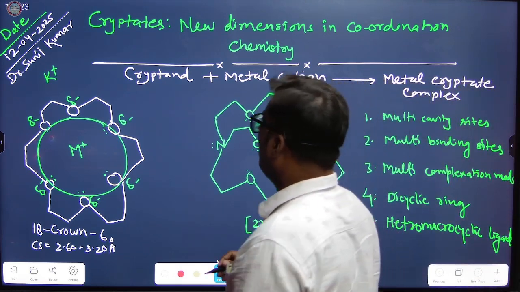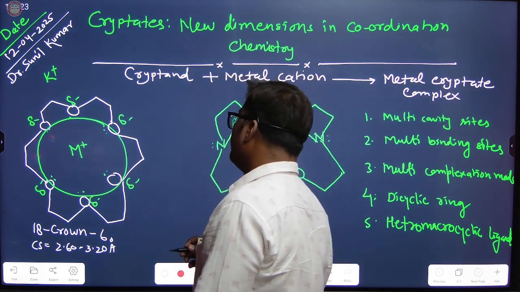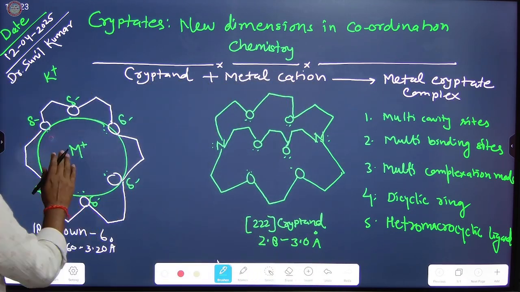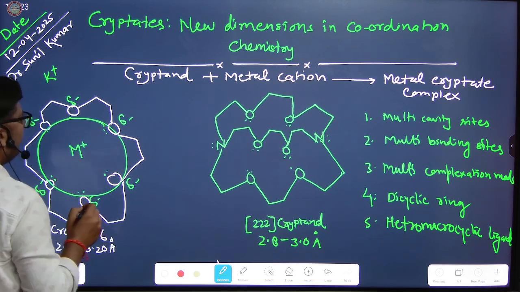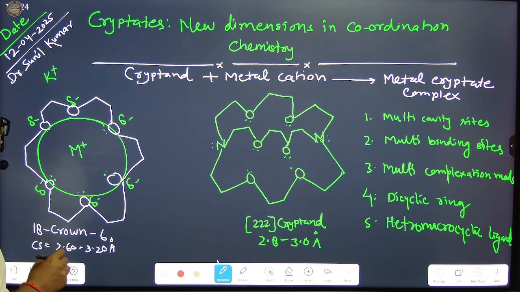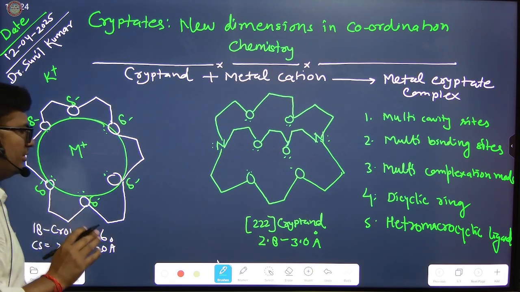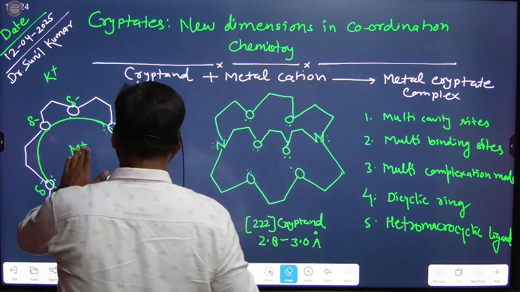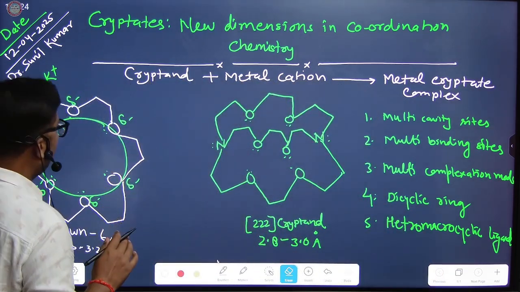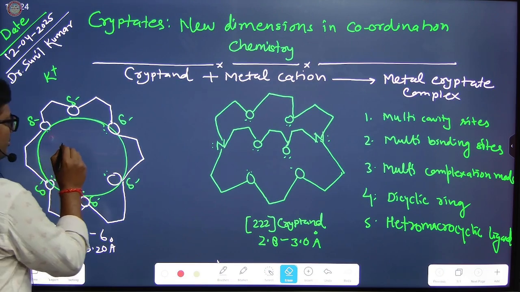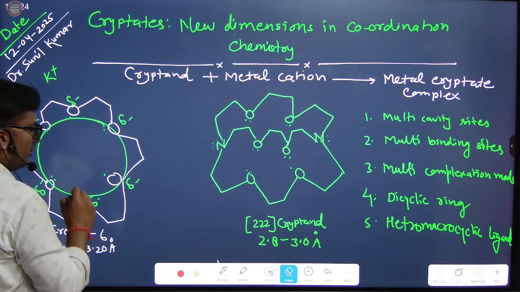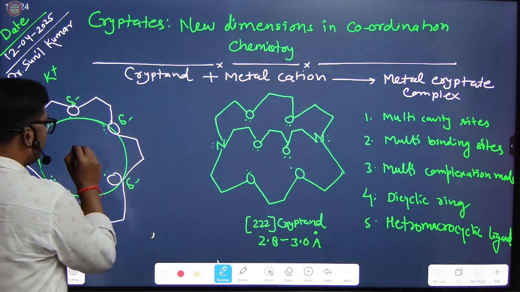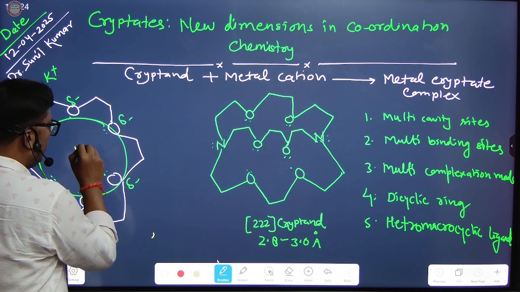So once this potassium is encapsulated by this complexing structure, this is the interaction with K plus.